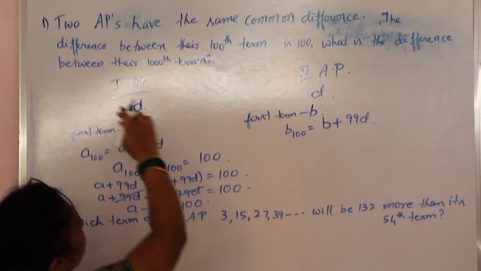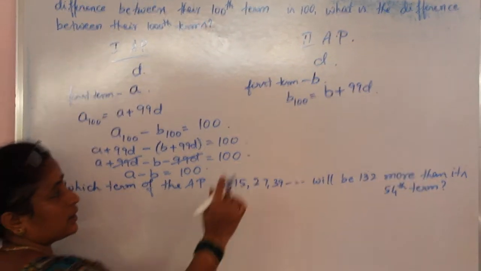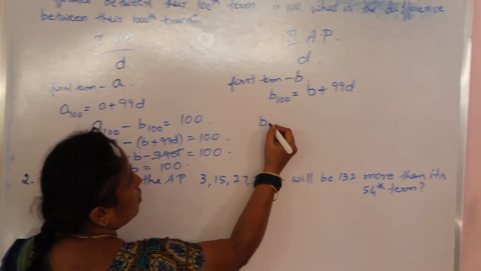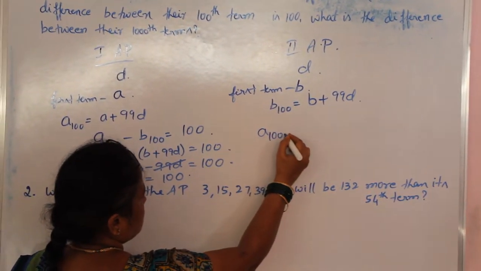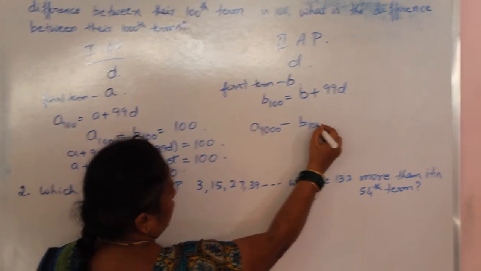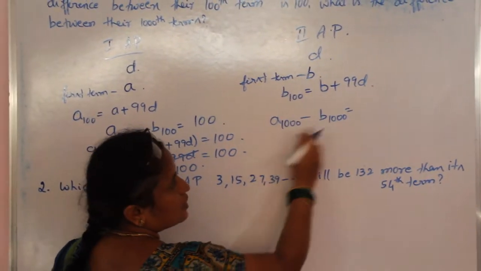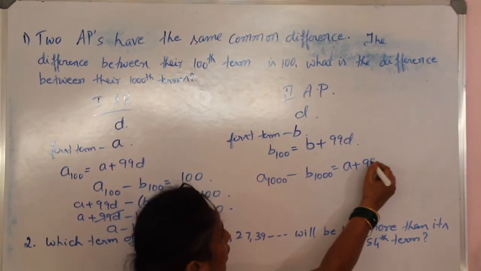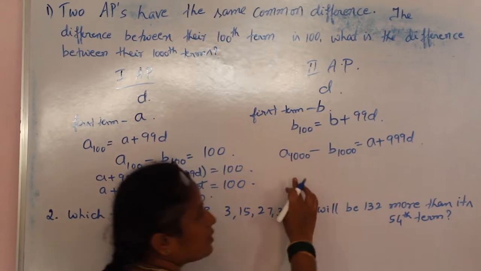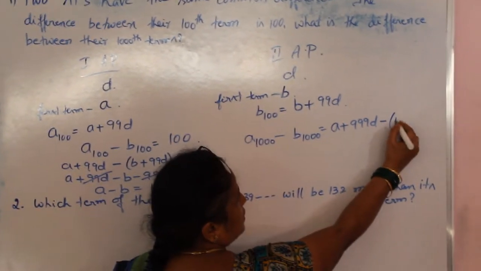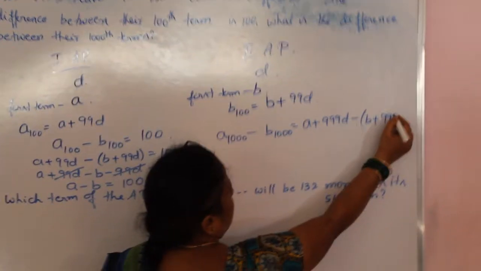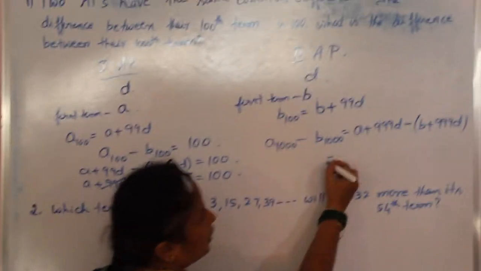Next, we should find the difference between their 1000th terms. So take A1000 minus B1000 and expand it. A1000 is A plus 999D, since 1000 minus 1 is 999, minus B1000, which is B plus 999D.